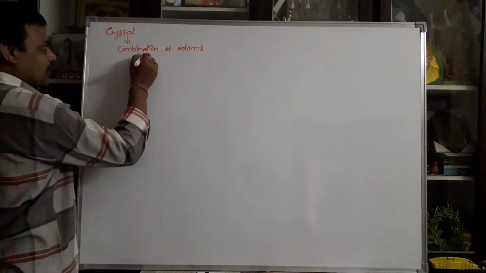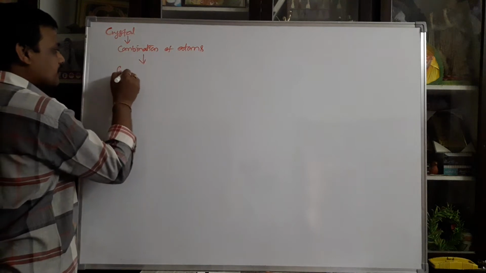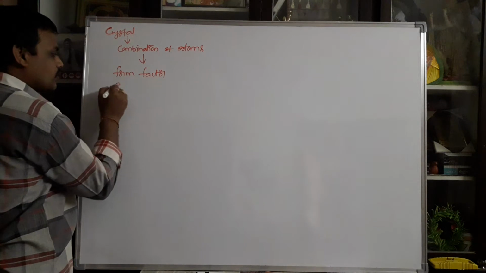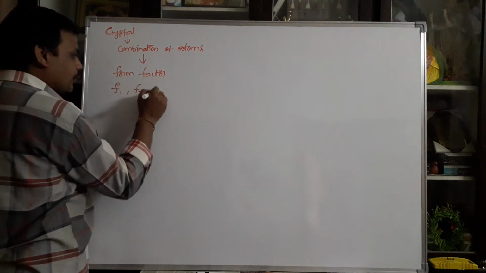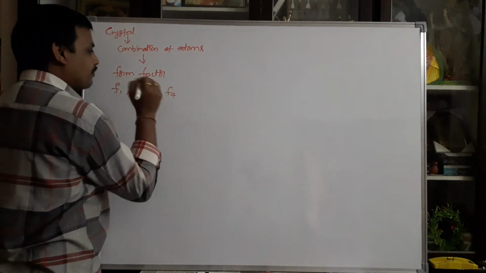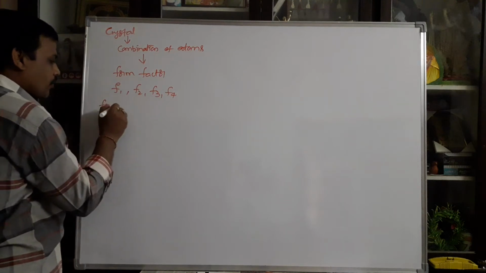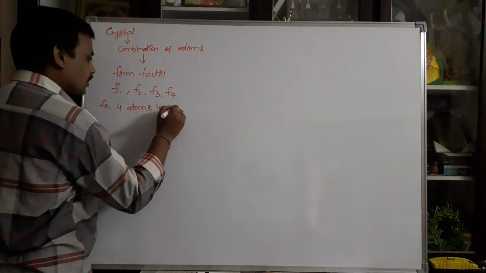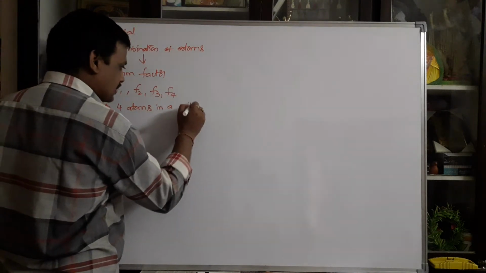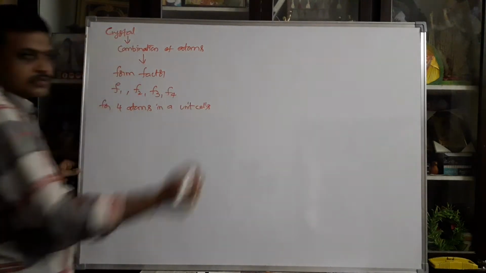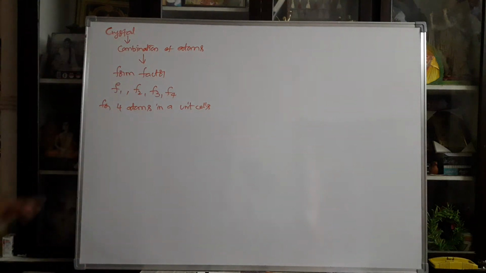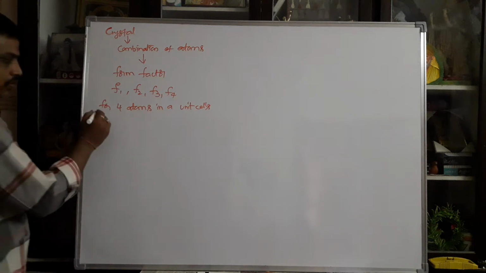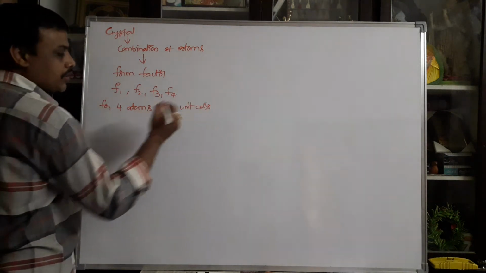I am representing the form factors of this combination of atoms as F1, F2, F3, F4 for 4 atoms in a unit cell. So F1, F2, F3, F4 are the form factor values representing the 4 atoms of the unit cell.